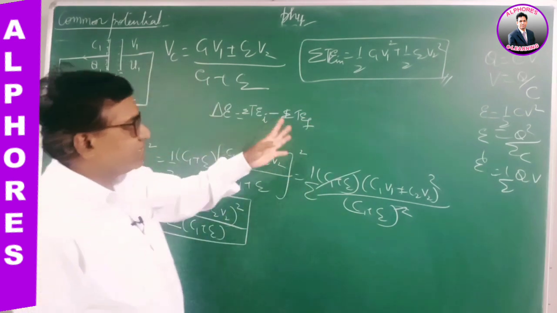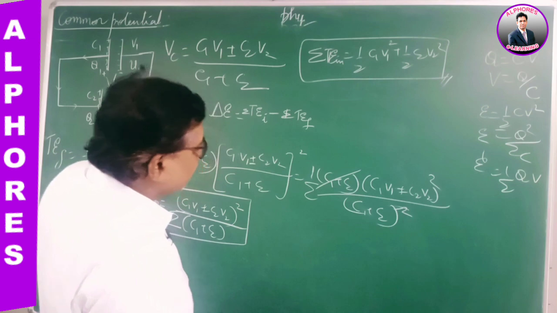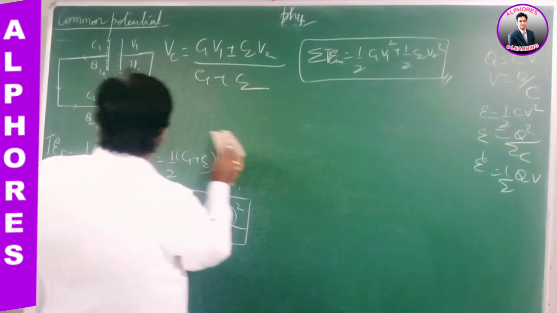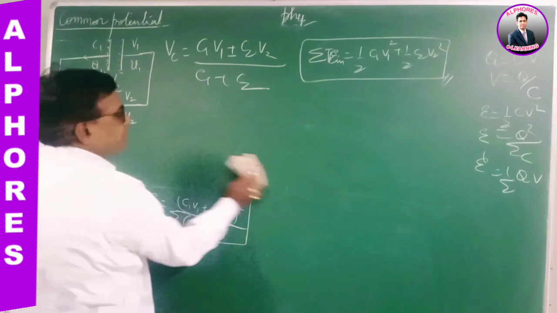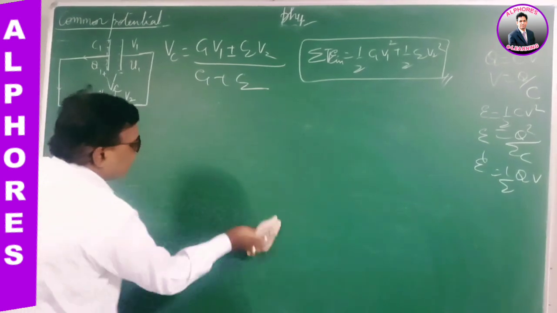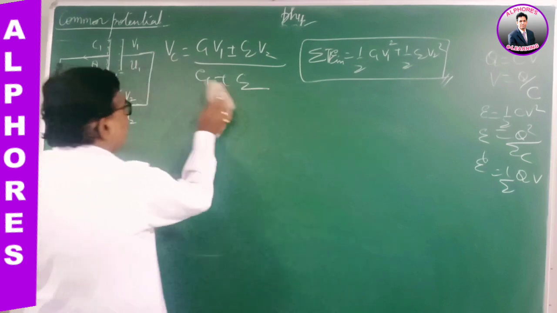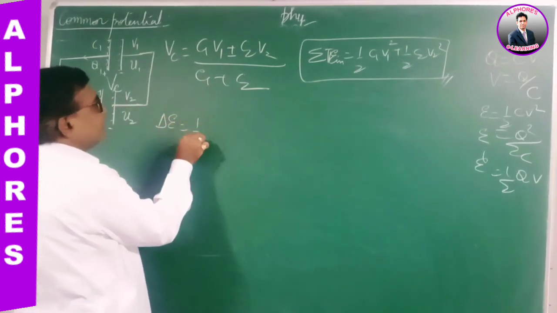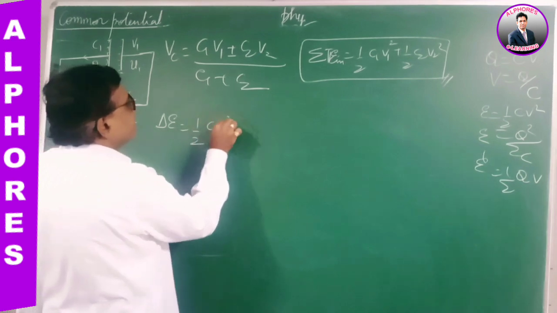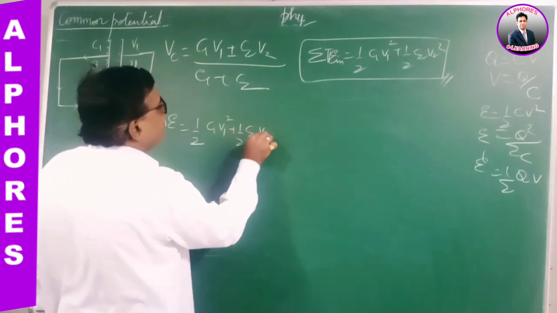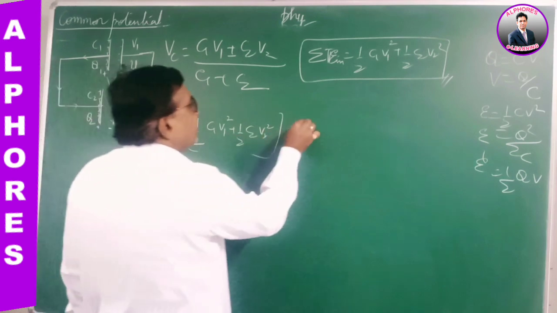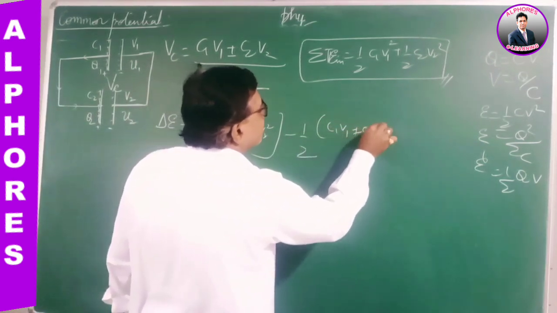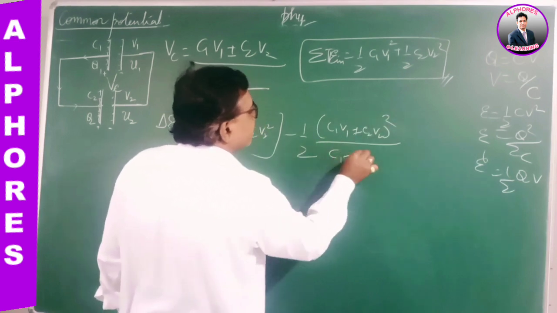Putting these two things together, the energy lost is half C1 V1 square plus half C2 V2 square, minus half of (C1 V1 plus or minus C2 V2) whole square by (C1 plus C2).